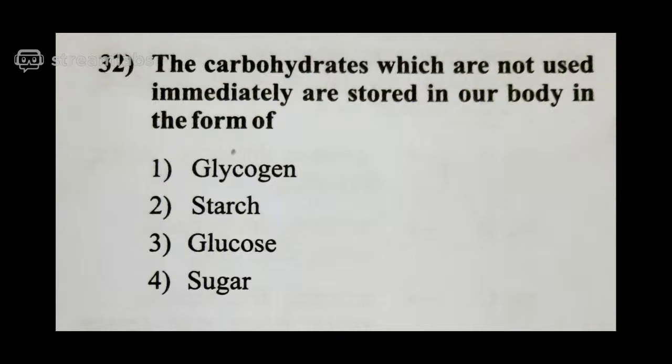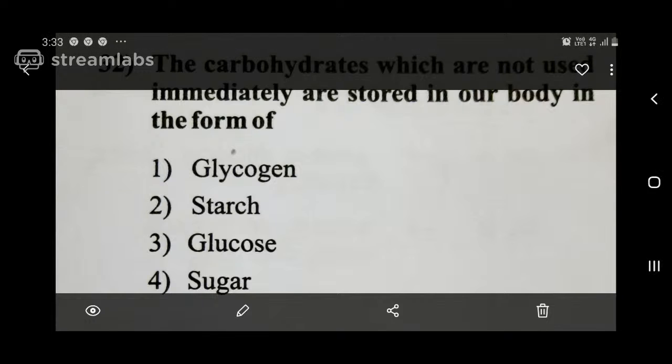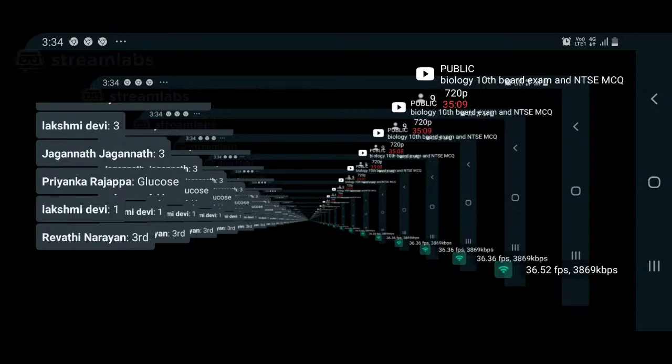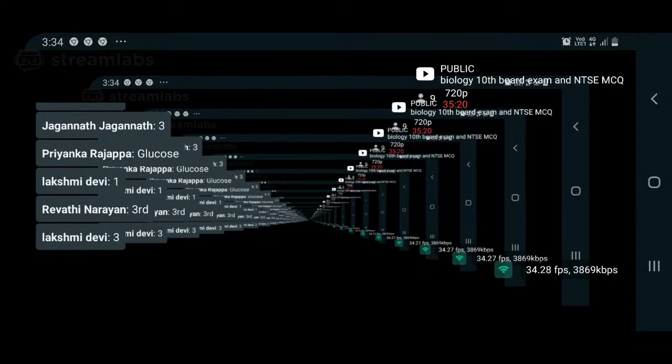At the time we discussed this, excess carbohydrates which are not immediately used will convert into... No, Revati. Glucose? Carbohydrates which are not used immediately are stored in our body in the form of... Even Priyanka answered glucose. No way it is right.